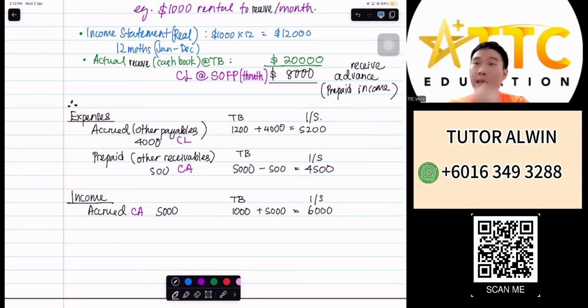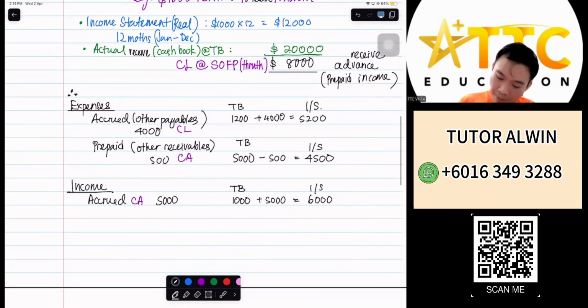It's like January to December. You only get the income up to February. Then for the balance from March to December, there's 5,000 you haven't received. You need to add it on to your income statement, no matter what. Whether you receive it or not doesn't matter. You must report 6,000 in your income statement, and in your current assets, you will record the 5,000 as accrued income.